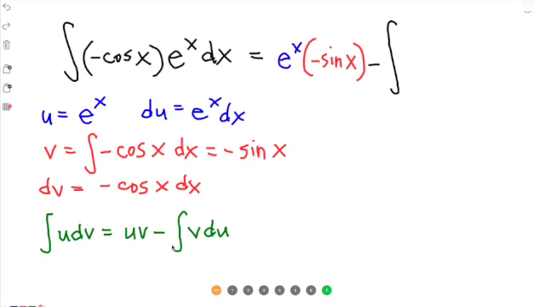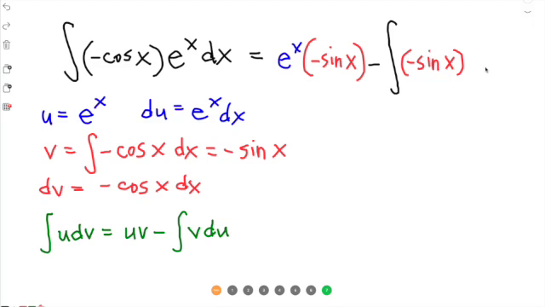What's this? We have v du, which is negative sine x e^x dx. I'm sorry, I stopped sticking with our color code. Let me write that down again as, that's v, negative sine x, du, which is e^x dx.